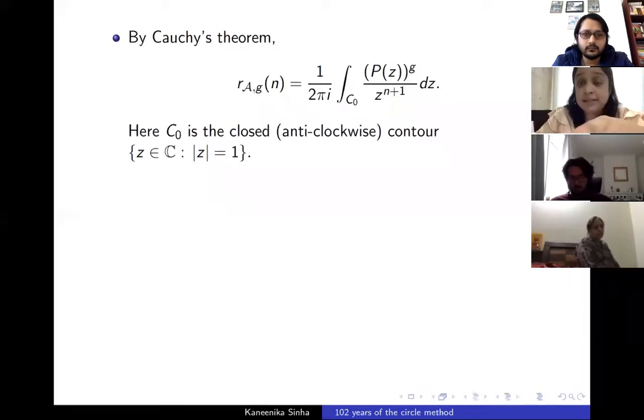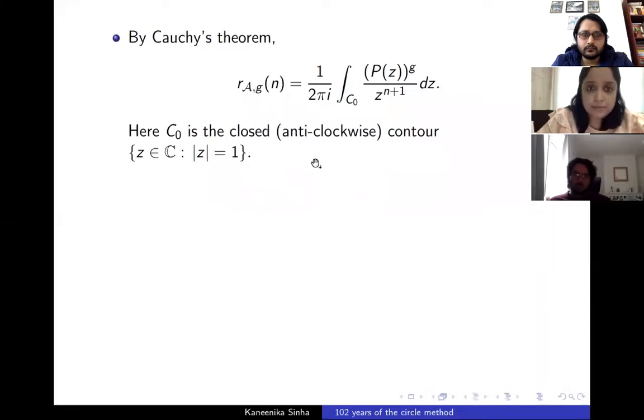And since the radius of convergence of the absolute value of P of z was absolute value of z less than 1, we need to take a closed contour. Okay, so I made a typo here. I want to take something of radius which is strictly less than 1, not equal to 1.